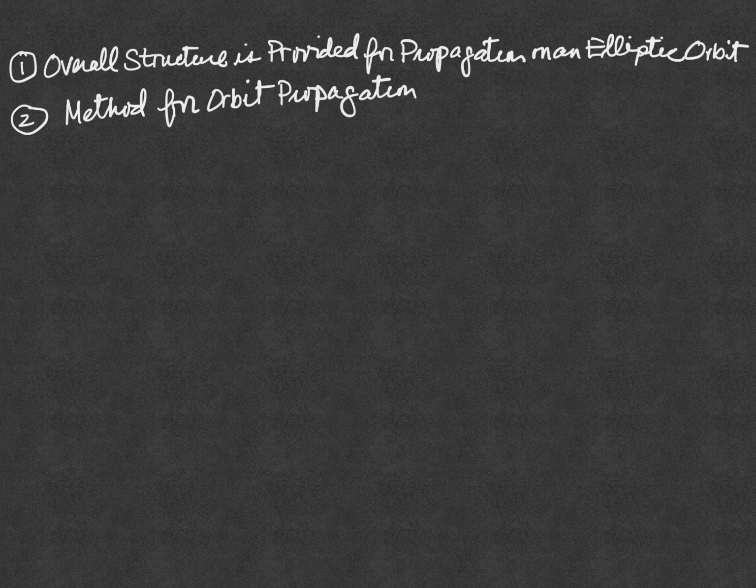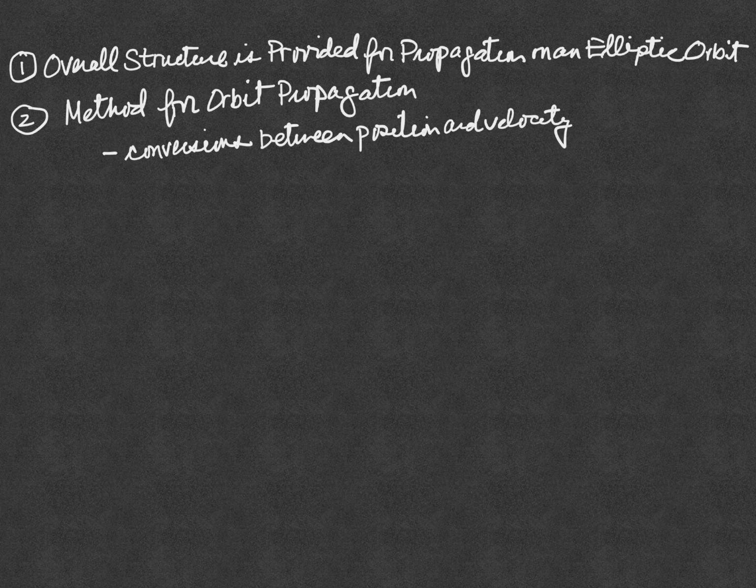And this method is going to involve a sequence of steps, but some of the key steps are going to involve conversions between position and velocity and orbital elements, and perhaps the most important step is going to be the solution of Kepler's equation.